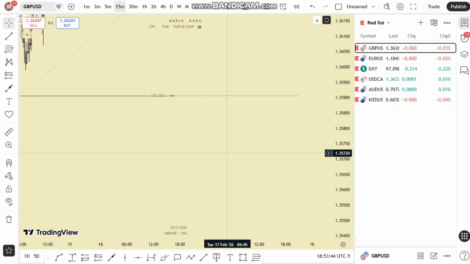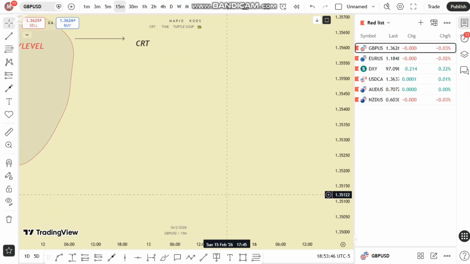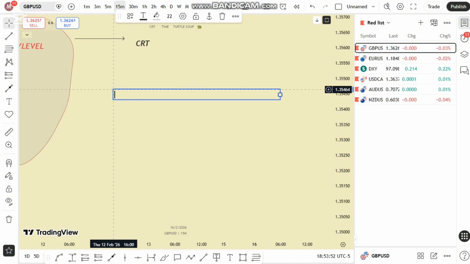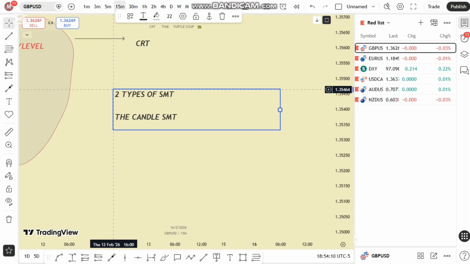We have two types of SMT that normally occur in the markets: the candle SMT, and highs and lows.